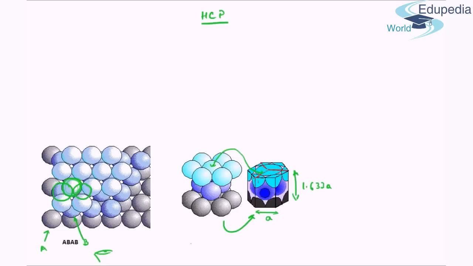So each unit cell will be like this, over here, over here, this way, this way. So this is the unit, okay, and this is the 120 degree. This and this angle are 90 degree. This is the basic difference between hexagonal, cubic and face centered.